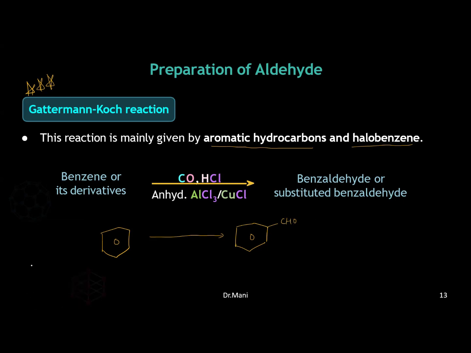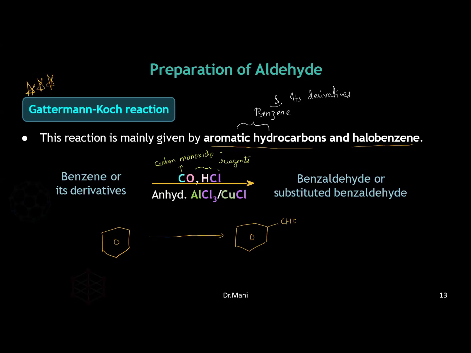So what are the reactants we are using here? We are using the aromatic hydrocarbons. What is the aromatic hydrocarbons? It is the benzene or its derivatives. And we are using carbon monoxide. We are using hydrogen chloride. So these two will act like reagents.